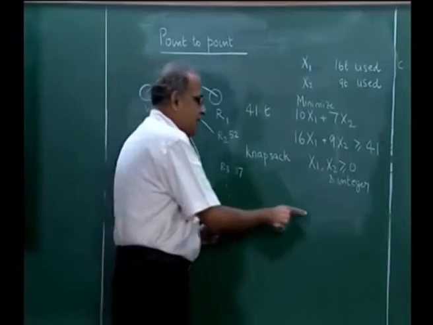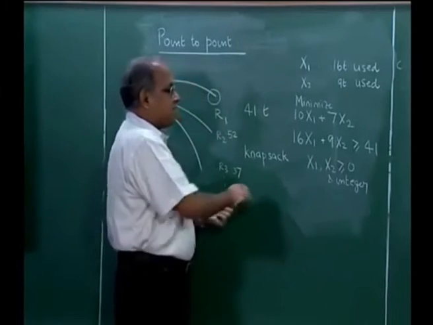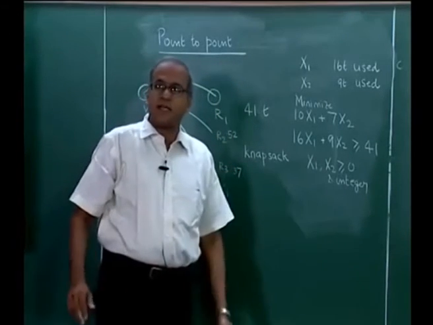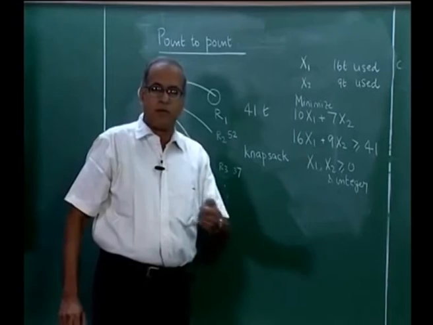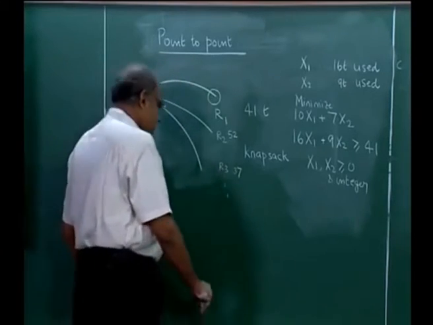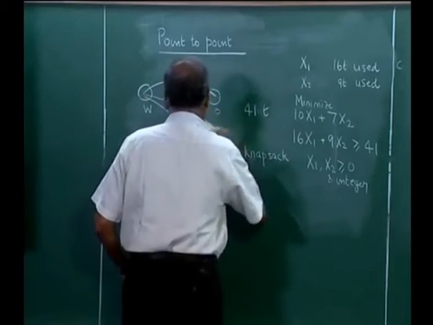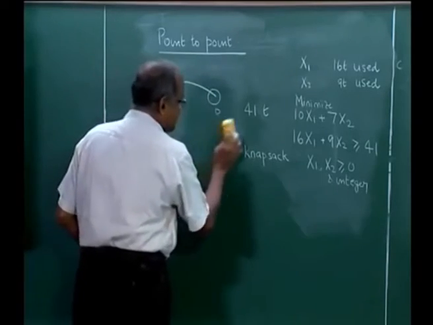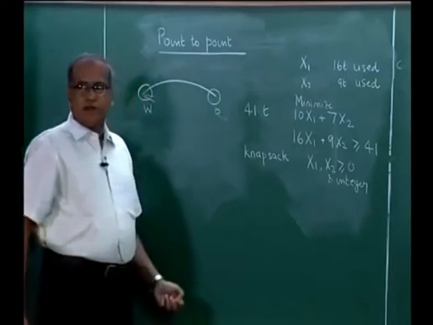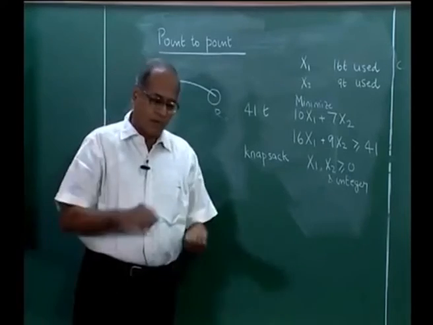So, we could have another set of availability constraints and the problem becomes very different. It is not a single constraint knapsack problem anymore. Right now, let us restrict our discussion only to a single retailer or a single customer, and therefore we will have the single constraint knapsack problem.